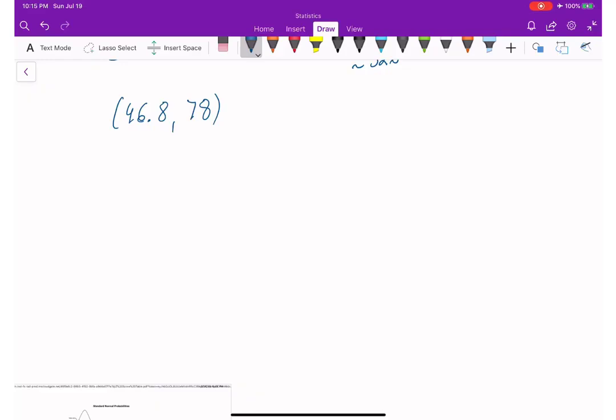One more time. A store manager reports a confidence interval of 46.8 up to 78 when estimating the mean price for the population of textbooks. Okay, so first we need to find the estimated margin of error.